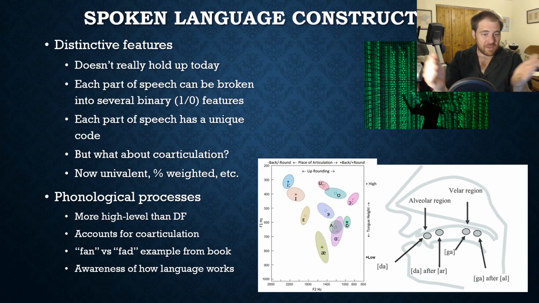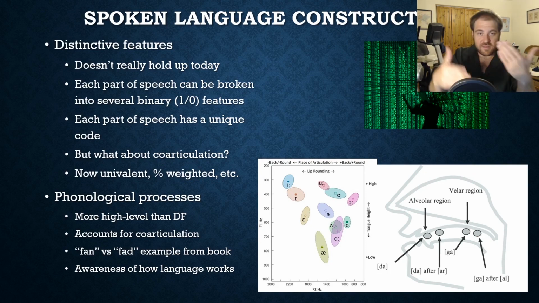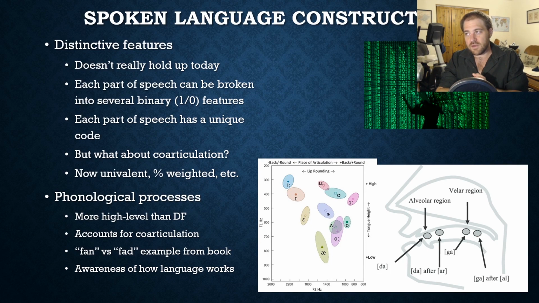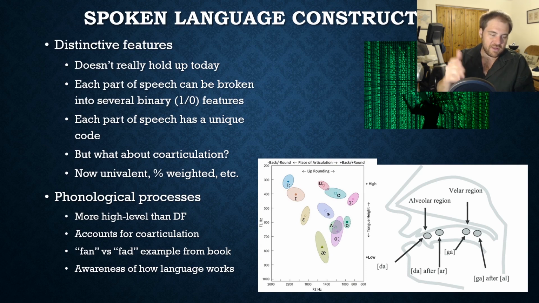I mean, someday maybe we will be. People talk about distinctive features and how it's not true, but it's really cool. It's what laid the groundwork for all of our Siri, all of our speech recognition and fake speech and stuff like that. It's what helps people who don't have a voice be able to use those artificial voices to produce their own speech. It's really cool. It's great stuff.